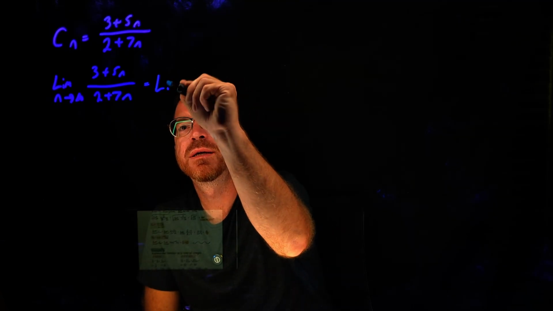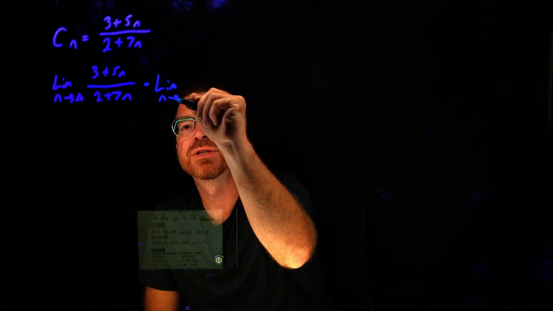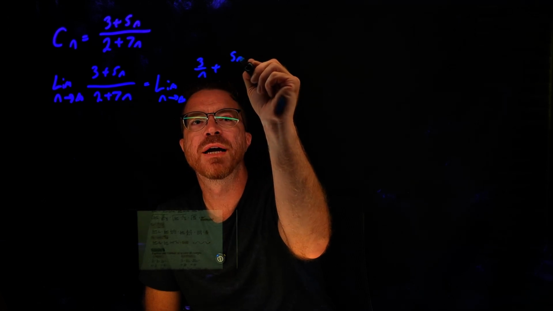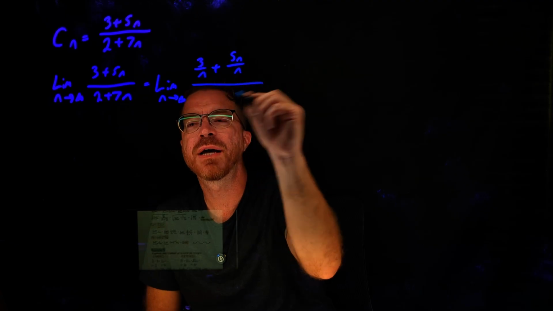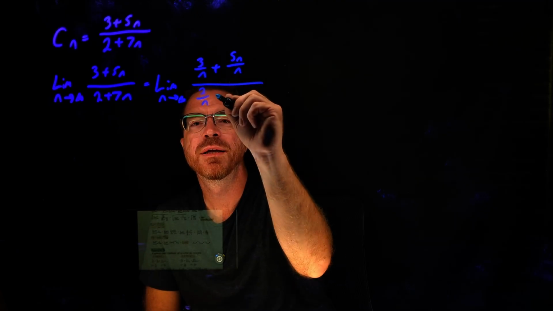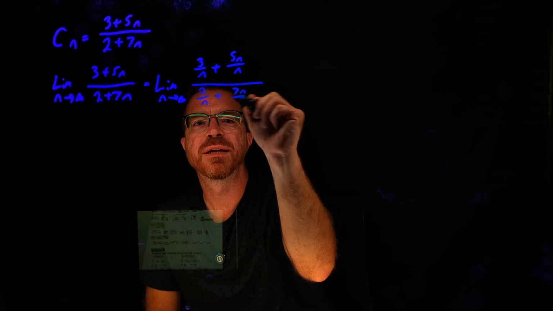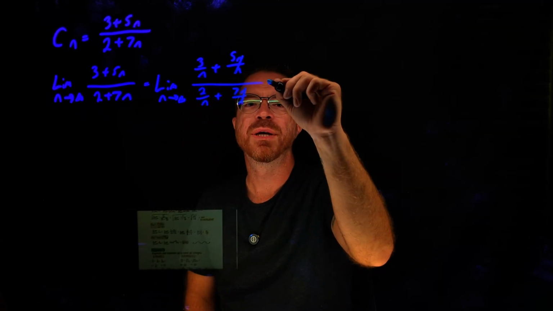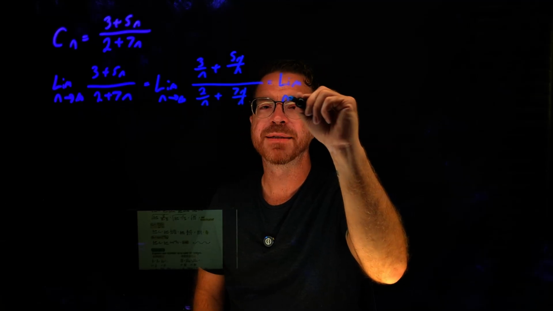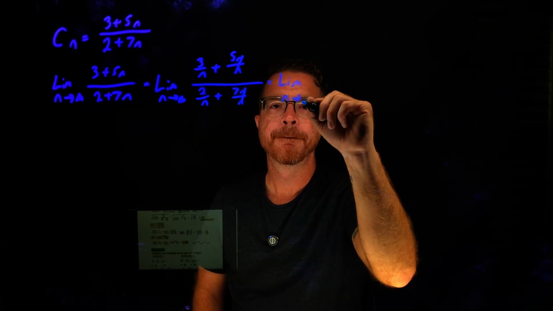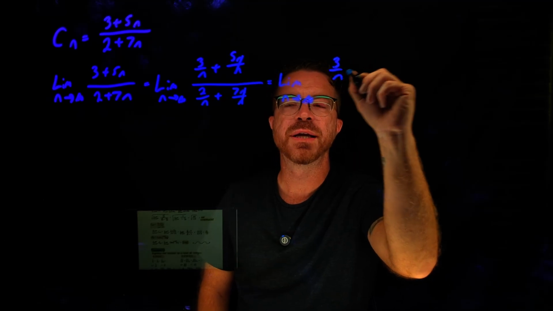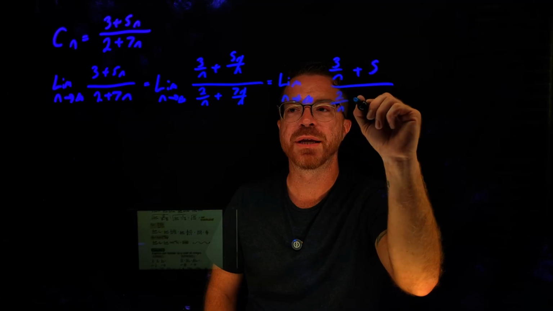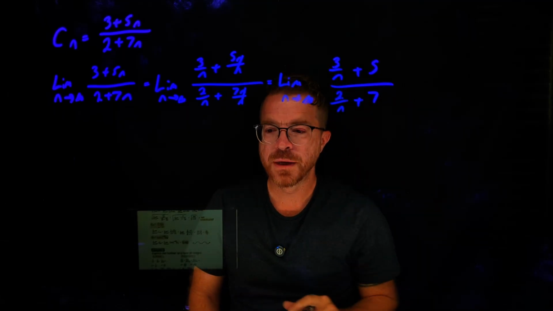So this is going to be the limit as n approaches infinity, 3 over n plus 5n over n divided by 2 over n plus 7n over n. These n's will cancel, so we'll be left with the limit as n approaches infinity, 3 over n plus 5 divided by 2 over n plus 7.